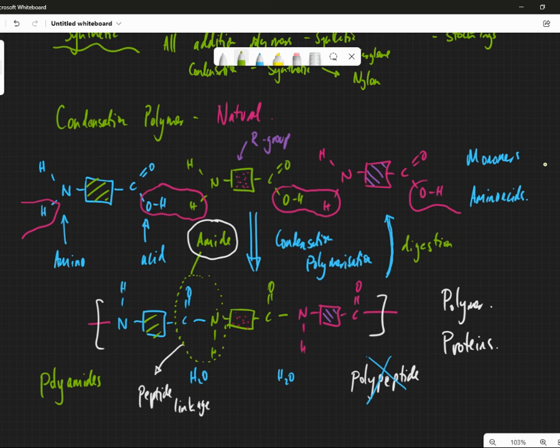Enzymes do the digesting, don't they? They break up the proteins back into amino acids. But in chemistry, we're not as clever as these enzymes. What we do is we heat them up with aqueous hydrochloric acid, and the proteins break up into the amino acids.